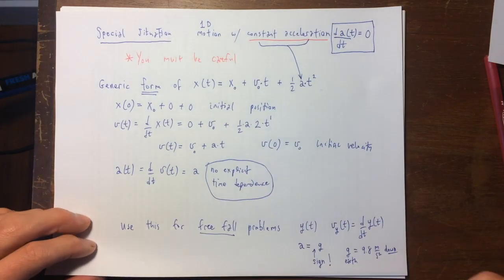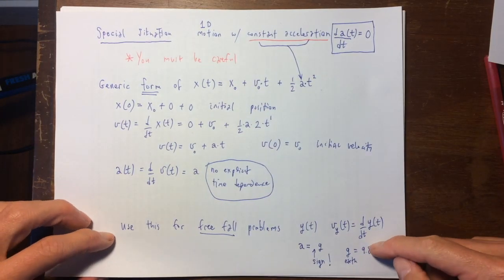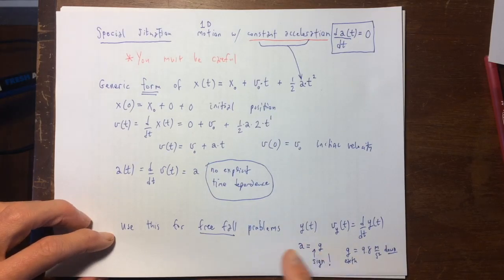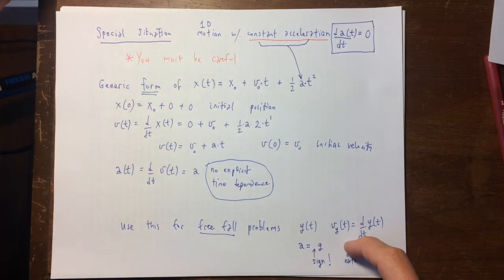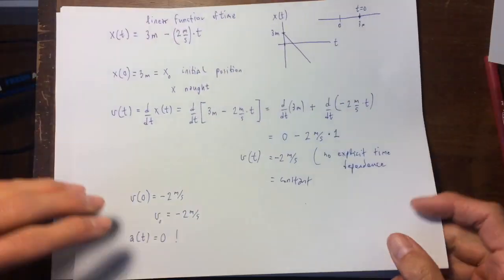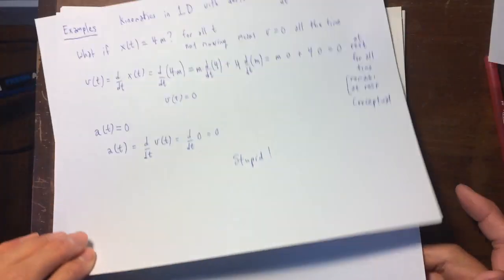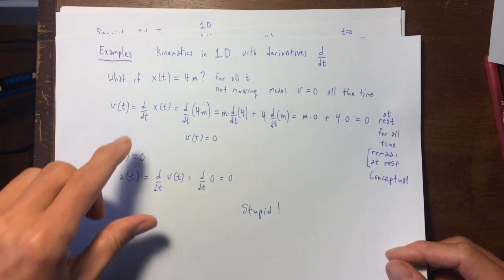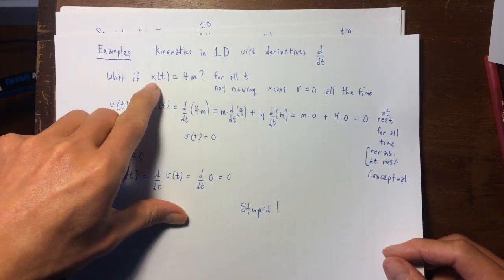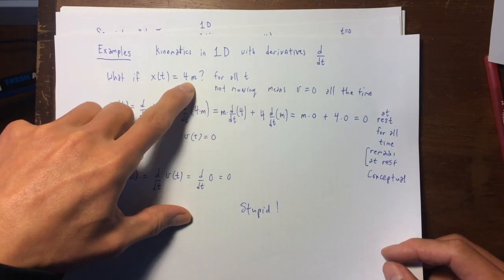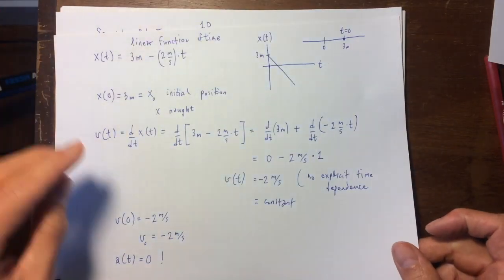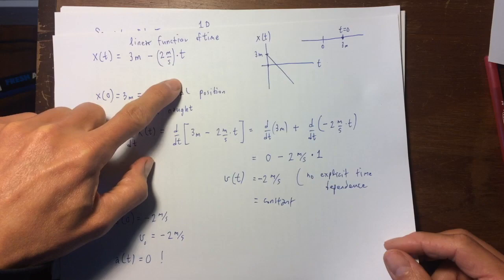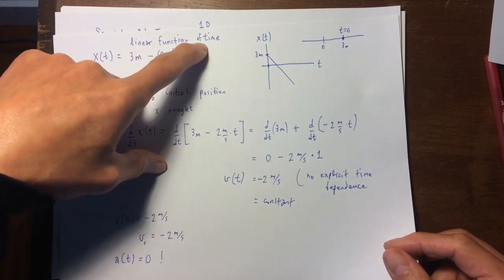So before I do this example for you, or I might do 2 free fall examples, really quickly, let me go back a couple of pages and just show you where we started in the previous video, actually. Here is position as a function of time, constant in time. Here is position as a function of time, linear in time.